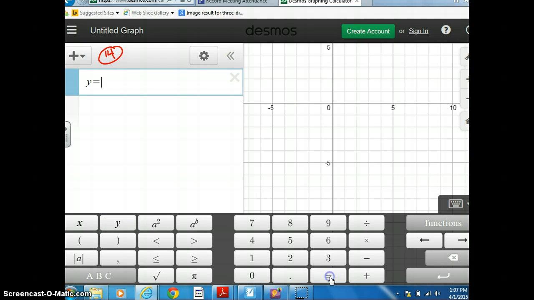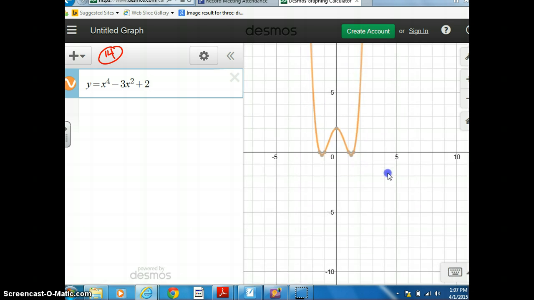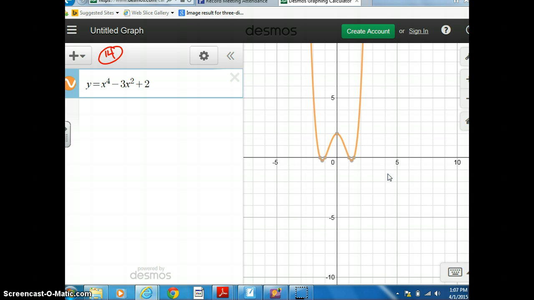Y equals x to the fourth minus 3x squared plus 2. So we actually have extrema here, here, and here.